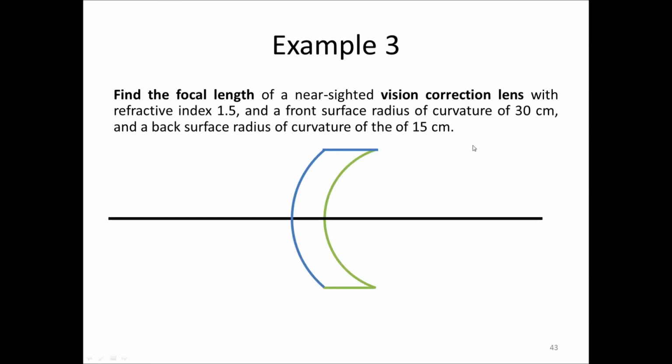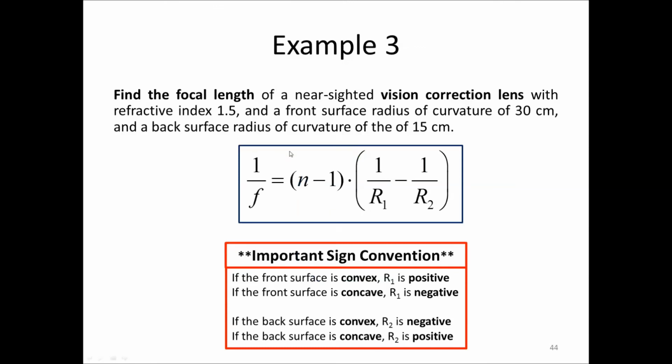So, Lensmaker equation, let's look at the sign convention. Because the front surface is convex, R1 will be positive, and because the back surface is concave, R2 will also be positive.